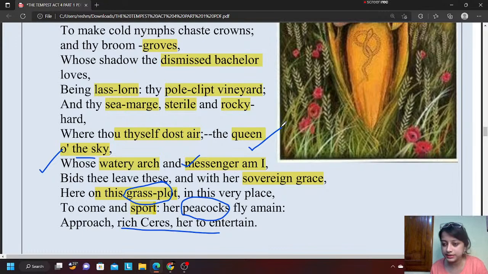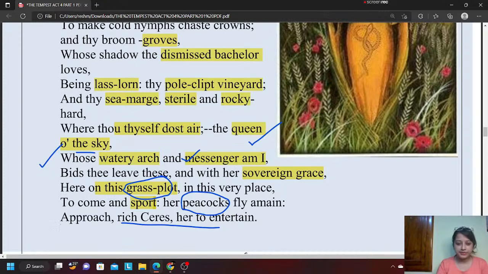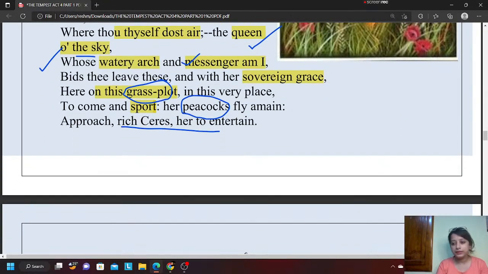Just tell me if this part is clear. No doubts. All right. So we will move to the next page, which is, I believe, maybe the last page, and then you will get the questions.